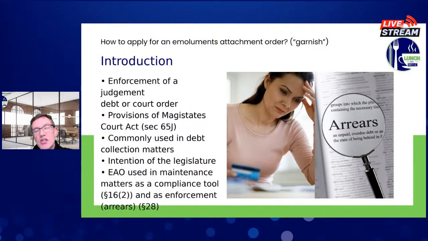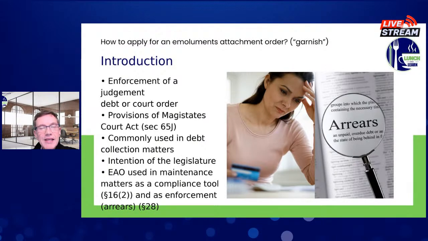So the intention of the legislator was clear, that there should be a mechanism where a defaulter should be forced by means of his employer, if he is employed, to deduct certain monies from his salary, and that money needs to be paid over to the person who was owed it. Coming back to the Maintenance Act, the emolument attachment order is used in terms of the Act as both a compliance tool as well as an enforcement tool, and we'll be explaining that in some depth.